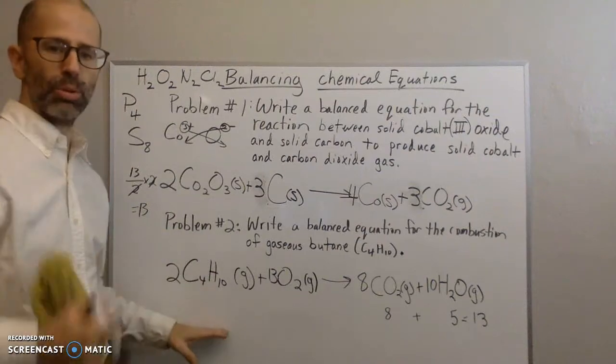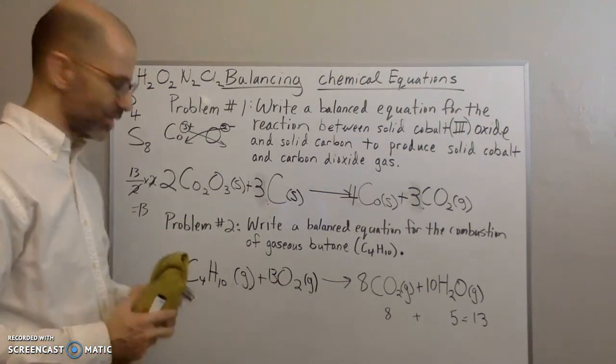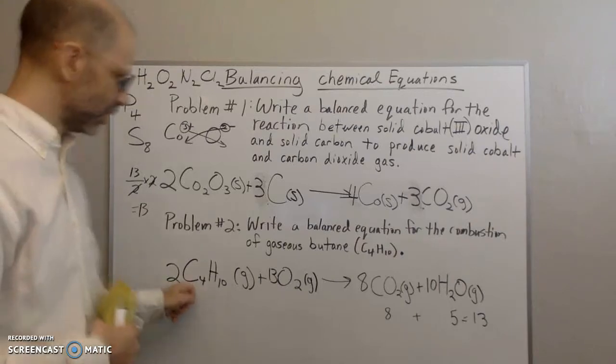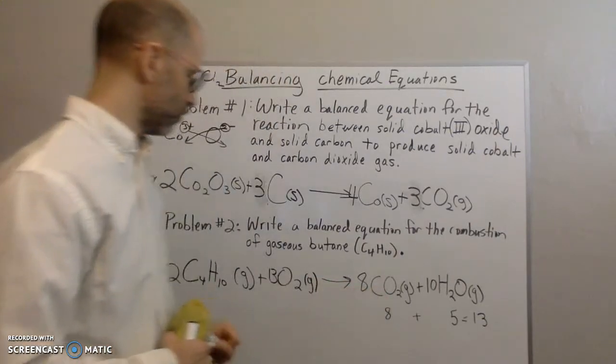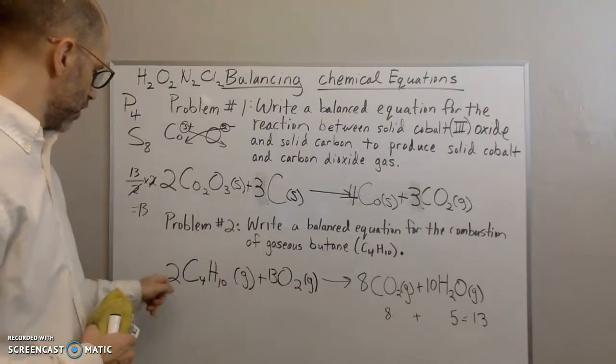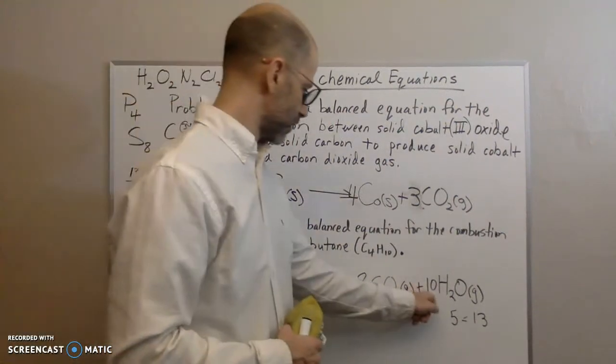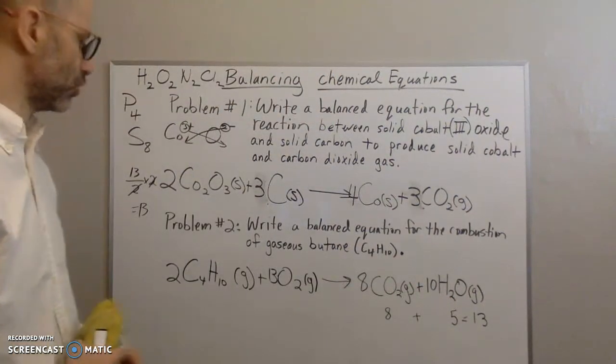Now you can double check to make sure everything is still balanced. 2 times 4 gives me 8 carbons, and 8 times 1 gives me 8 carbons. 2 times 10 gives me 20 hydrogens, and 10 times 2 gives me 20 hydrogens.